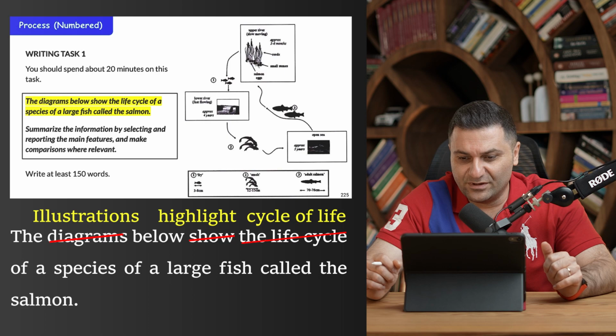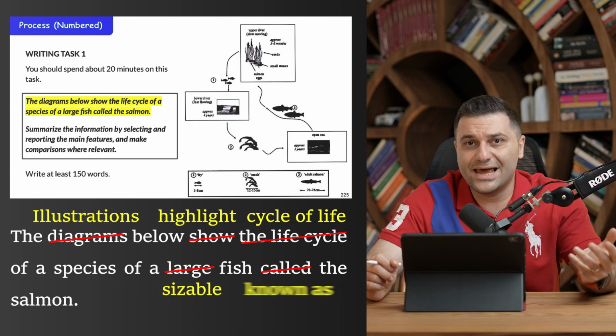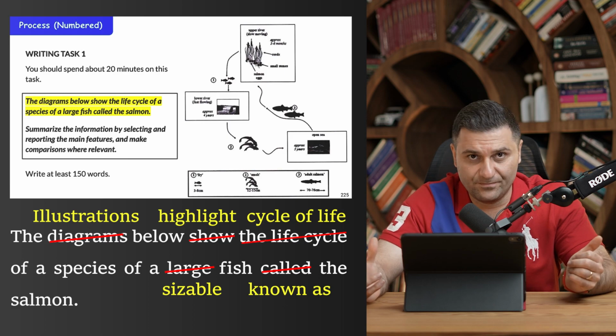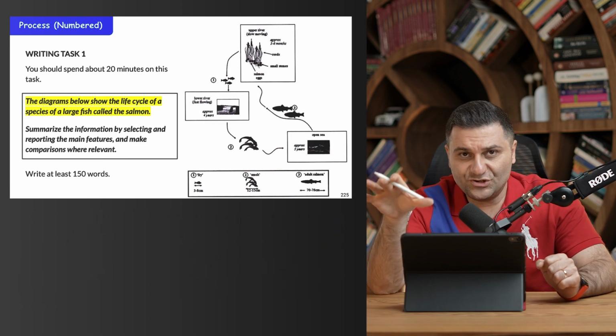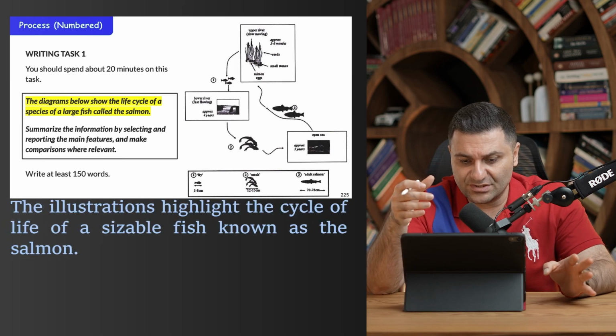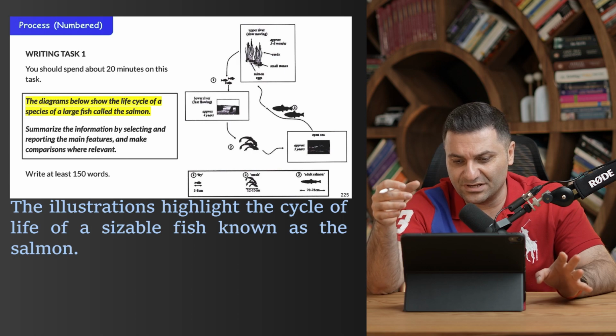Instead of large, we can write sizable. Fish called, known as. So known as is the synonym of called, the salmon. Now, when we change the words, our sentence will be something like this: The illustrations highlight the cycle of life of a sizable fish known as the salmon.